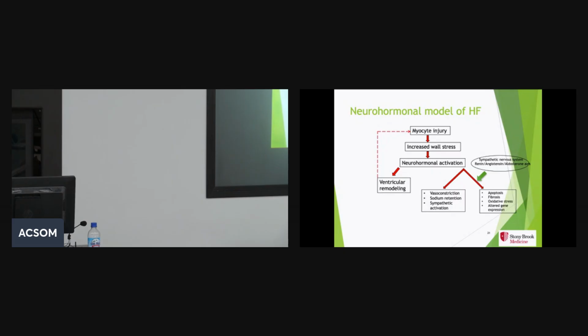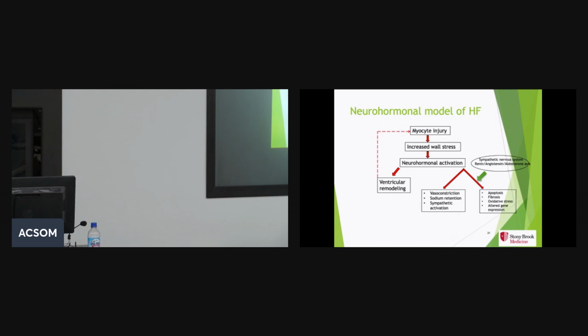So this neurohormonal cascade is really driven by these three main pathways. Everything we do in the management of heart failure is block these hormonal pathways, because the long-term sequelae of these pathways are very detrimental.